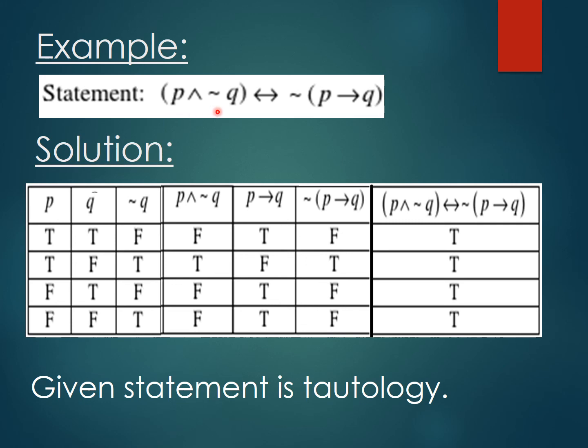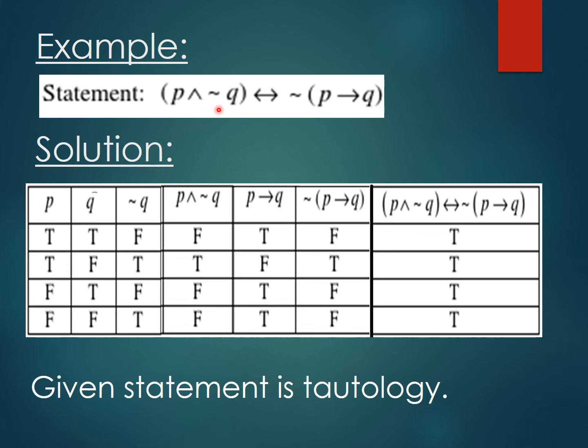Now we are going to make not of Q. As not of Q is opposite to Q, where Q is true, not of Q will be false. Where Q is false, not of Q will be true, and so on for the remaining rows.